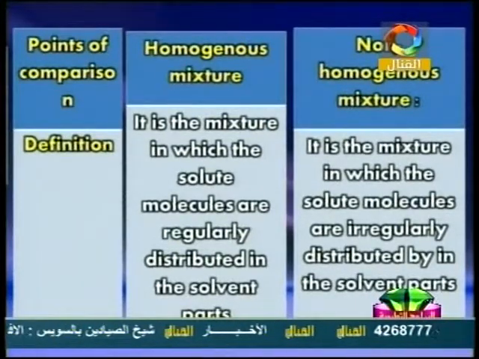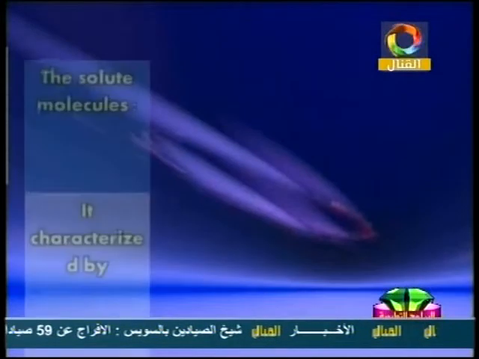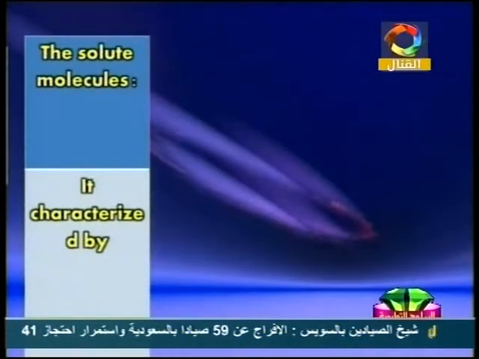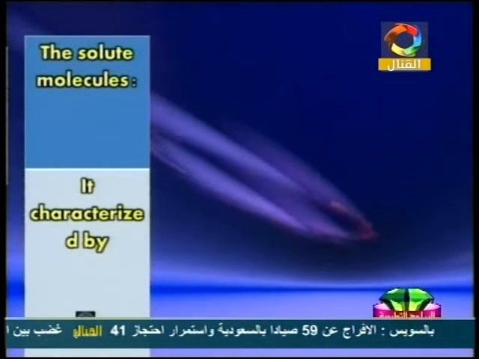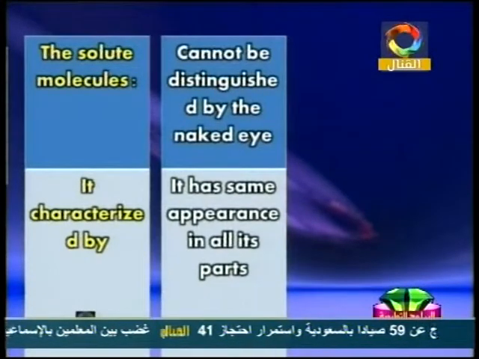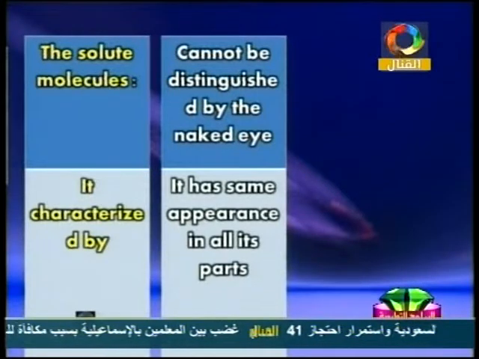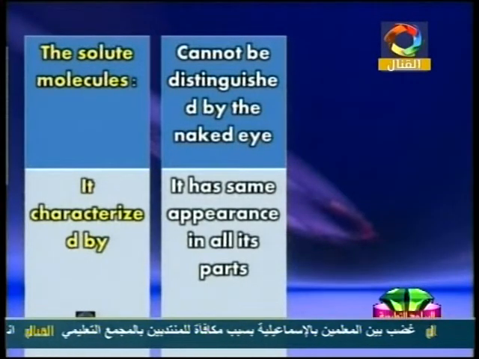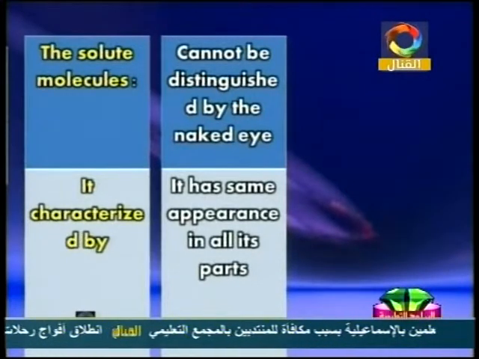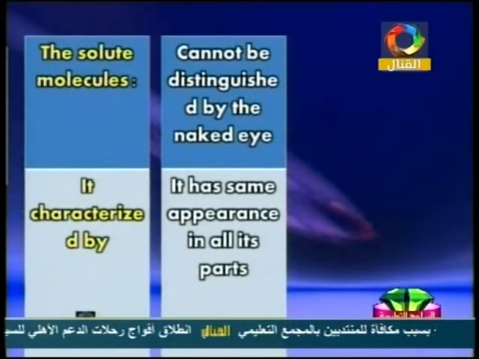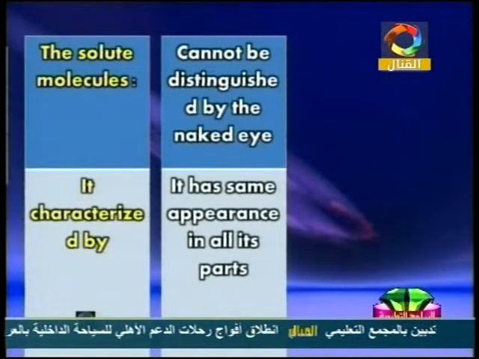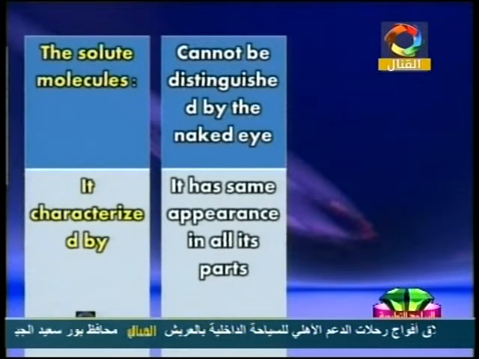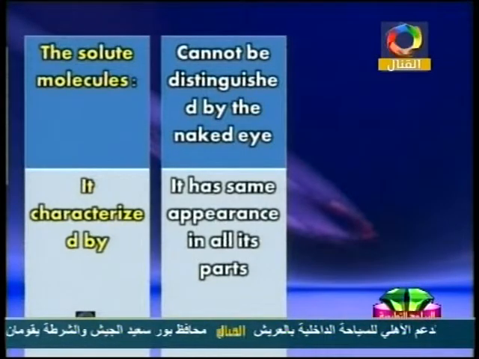Also, we have the solute molecules and their characteristics. For the first, look at this. The solute in a homogeneous mixture cannot be distinguished by the naked eye, as in seawater, and it is characterized by having the same appearance in all its parts.